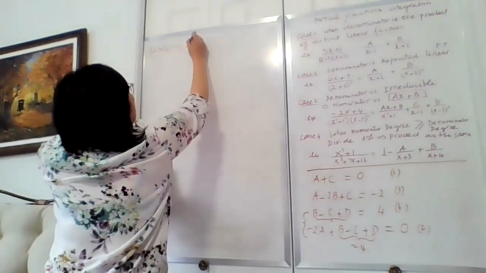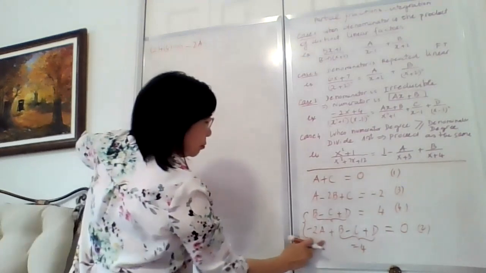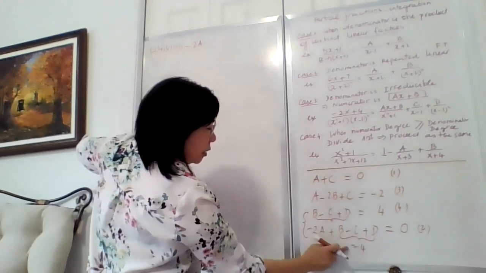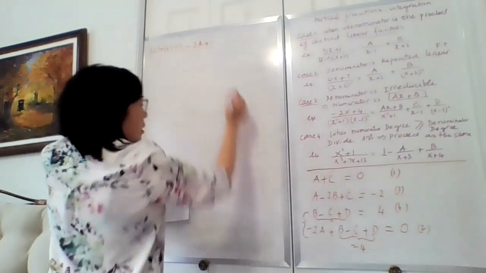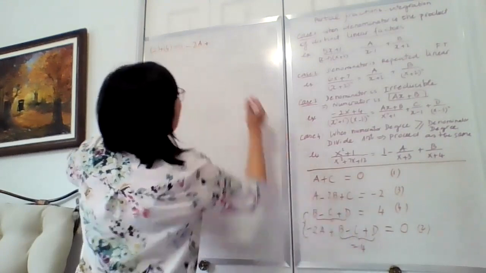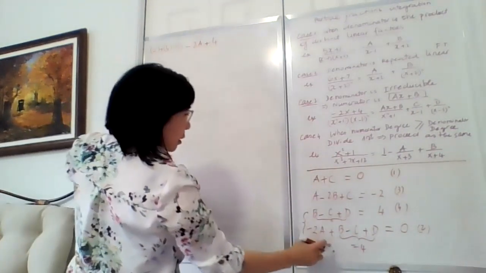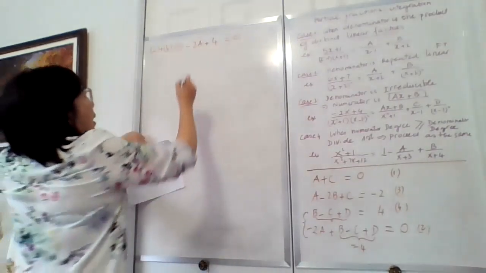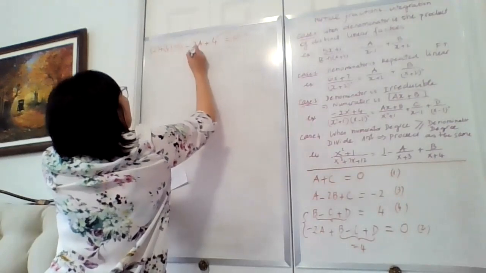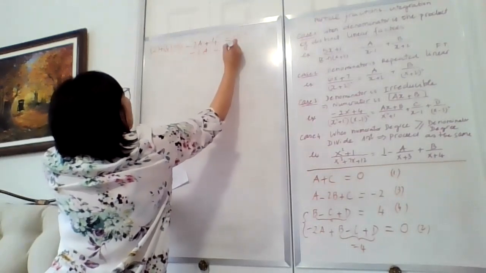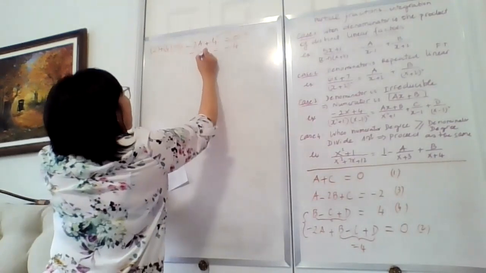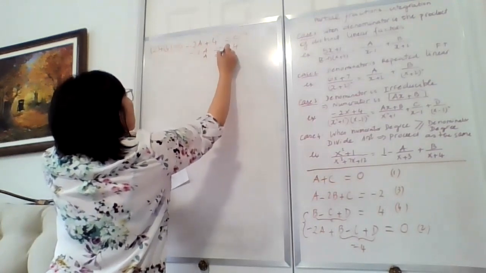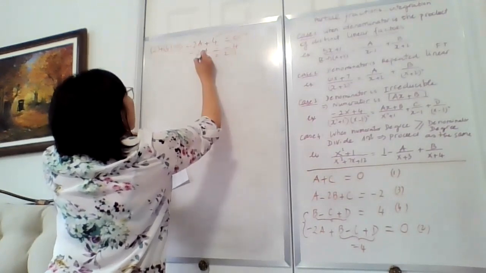We have minus 2a, right, this term, adding with, instead of b minus c plus d, I'm going to say adding with 4, because b minus c plus d equals 4. And that will give us equals 0. So now we transfer over: minus 2a will be equal to minus 4. Therefore, a will be equal to minus 4 divided by minus 2, it's just positive 2. So now we know a equals 2.